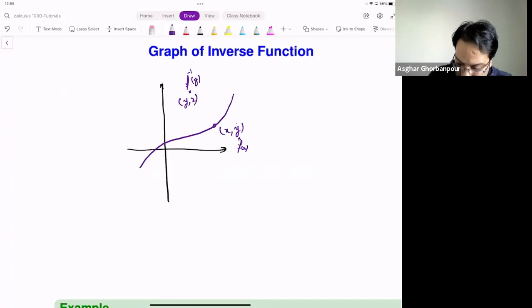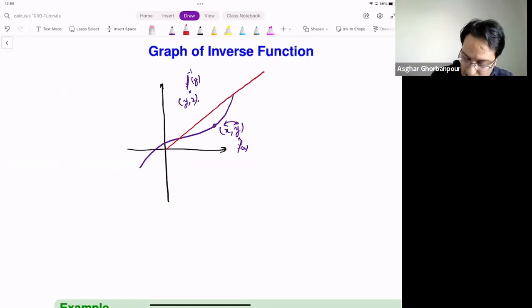Well, this means that the points which form the graph of F inverse are basically the points of the graph of F, but then you flip them. You turn X and Y. This is reversing the process, yes? But reversing the process has a nice geometrical meaning.